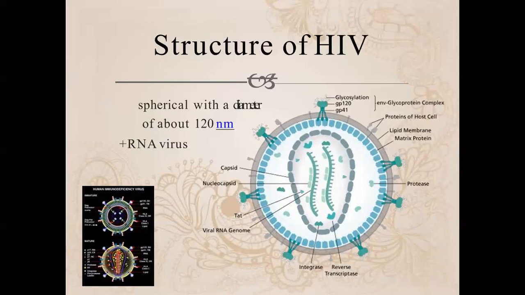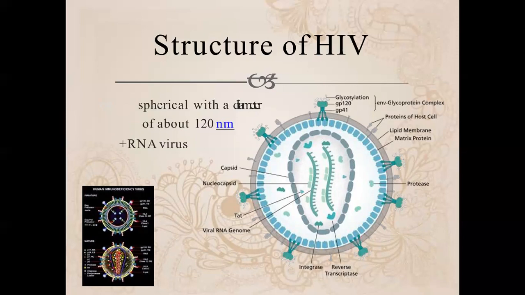The TAT, viral RNA, the integrase, and the reverse transcriptase are all covered together by a nucleocapsid, or we can call it a capsid. So the capsid covers this content. This is about the structure of the virus.